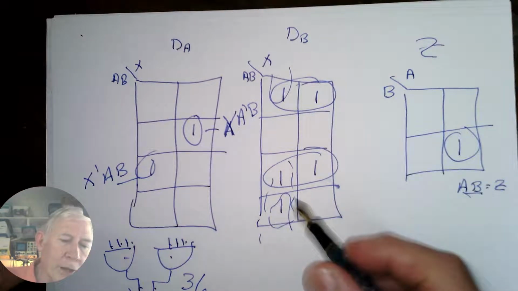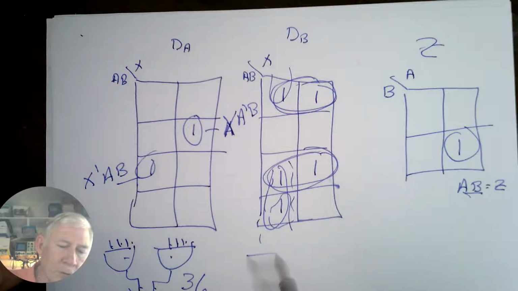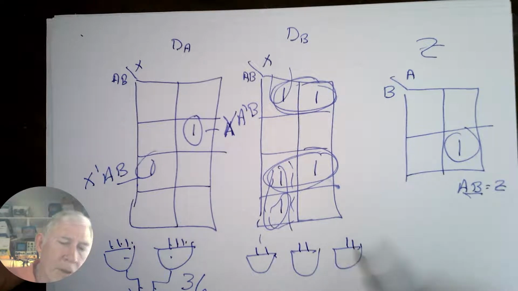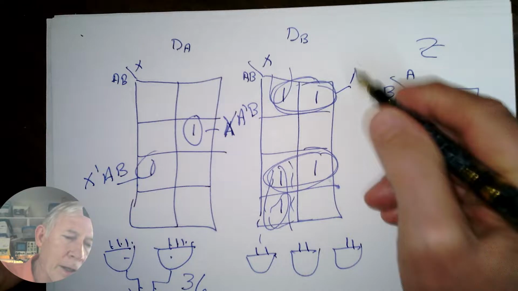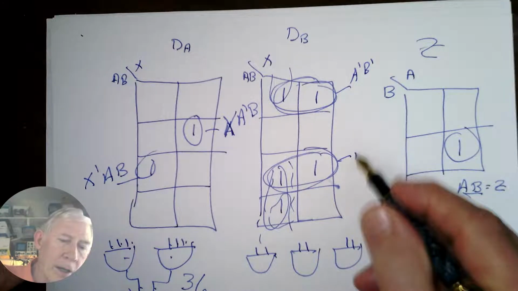This, on the other hand, is going to have 1, 2, 3, 2-variable terms. This one is going to be A prime B prime. This one is going to be AB.